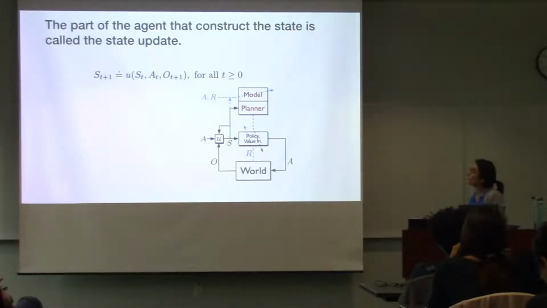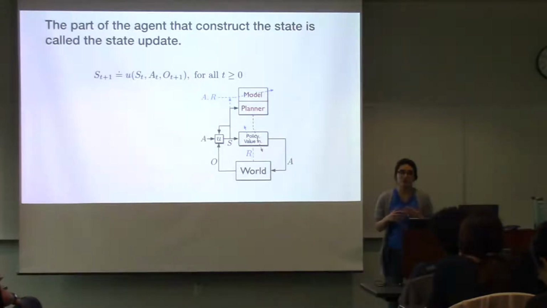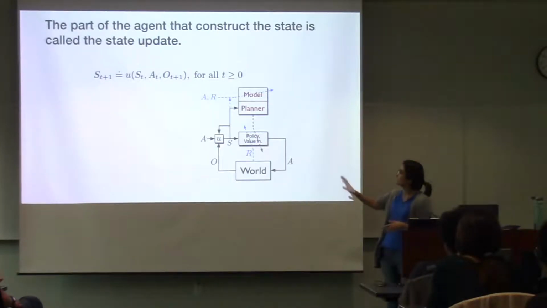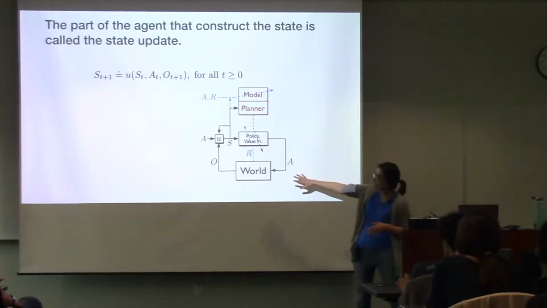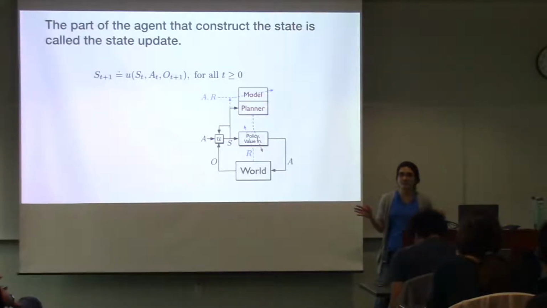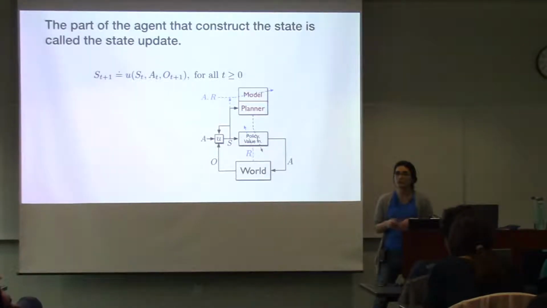The part of the agent that constructs the state is called the state update. This picture here is from the book. You all might have seen the agent-environment interaction loop, where the agent and environment interact. The agent performs an action and the environment provides the state. A more general case would be when the environment only provides observations and not the state.